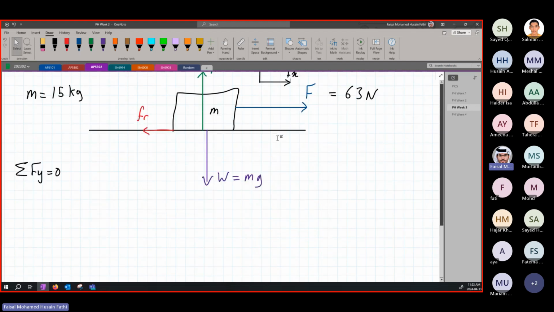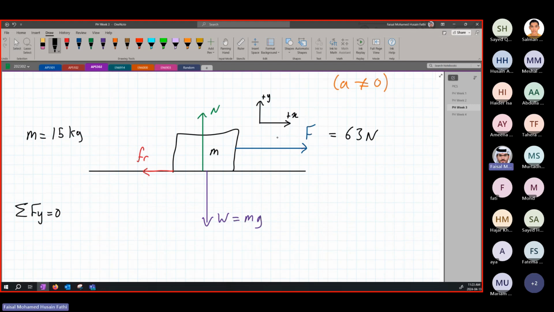So sigma Fy is equal to 0 because there's no motion up and down; there's no acceleration. We can find that sigma Fy is also equal to the sum of forces. So n is in the positive direction, so it's going to be positive n.